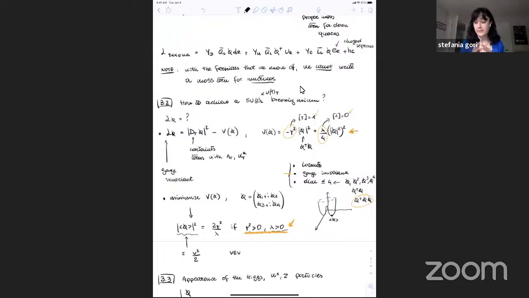Yeah, so in this case we'll see that indeed we are breaking a combination of the SU2 times U1, and this we'll discuss right now.